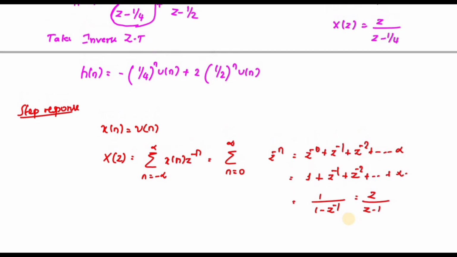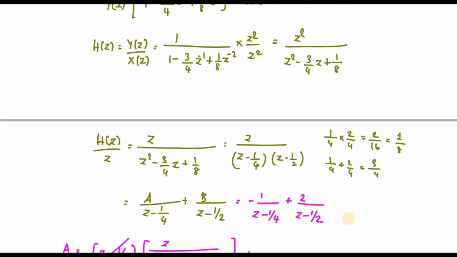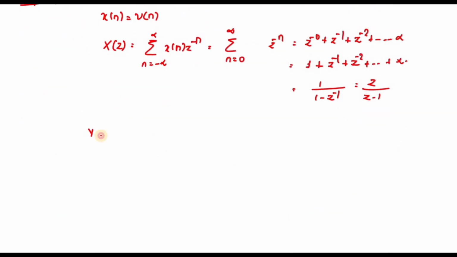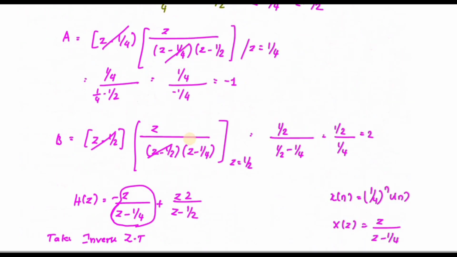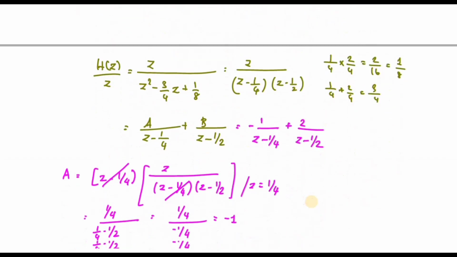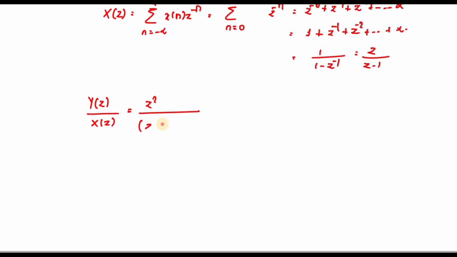Okay, so now I can substitute into this equation, right? So in this equation, this is my first equation. So I'm going to substitute Y of z. What is my Y of z? Y of z divided by X of z is equal to z square divided by z minus 1 by 4, z minus 1 by 2.